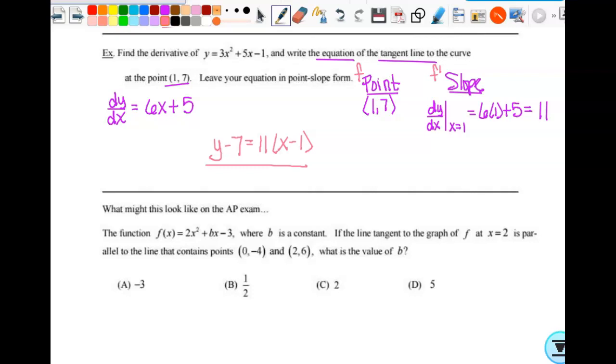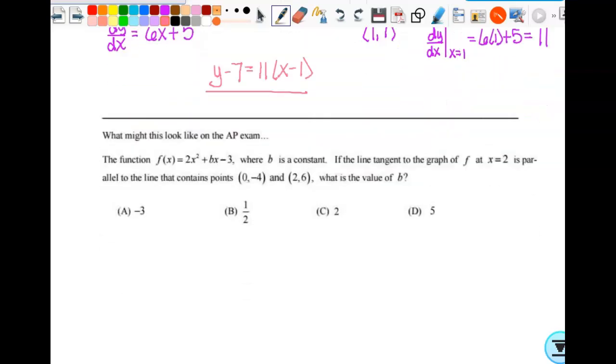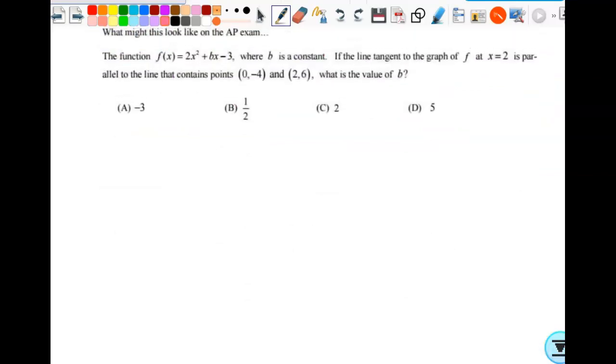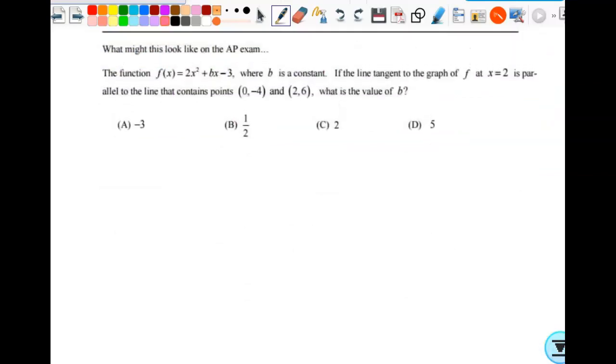Okay. All right, so let's do one more of these, and then when I give you the assignment, we're going to do the first one on the assignment, because I think it's strange that it's even on that assignment, but it's fine. What might this look like on an AP exam? So we have this function where b is a constant. Okay, we used k on the other ones, this one's b, whatever.